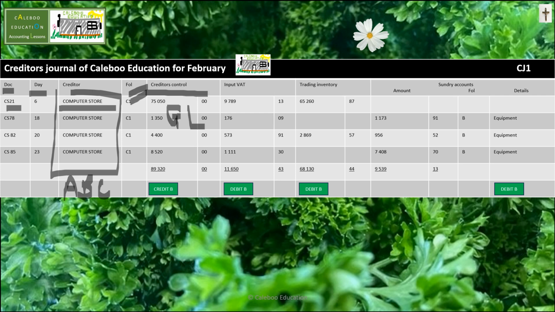But that is a lesson on its own. For now, we have a column in this journal, creditors control, which is a liability, and we'll see how to treat a liability very shortly.